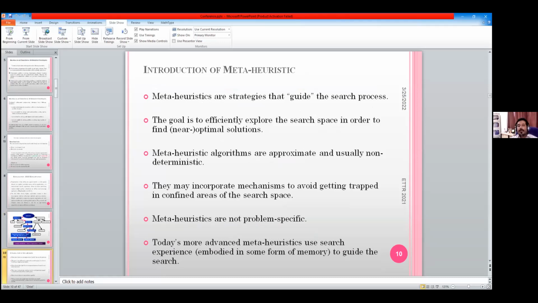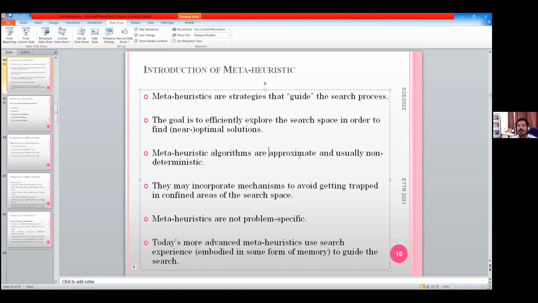The goal is to efficiently explore the search space in order to find near optimal solutions. So metaheuristic algorithms are approximate and usually non-deterministic. So this is one important thing. They are generally approximate, like numerical analysis, what we have seen in higher secondary or in BSc classes. So they never give us exact values.